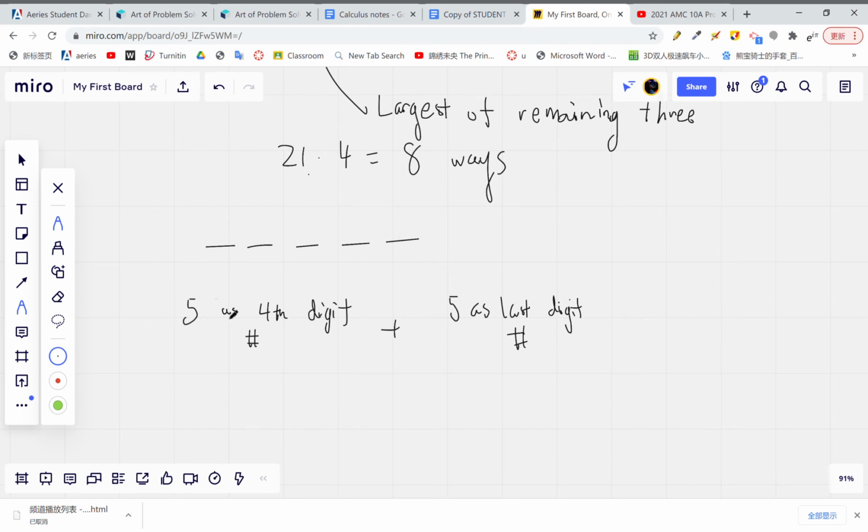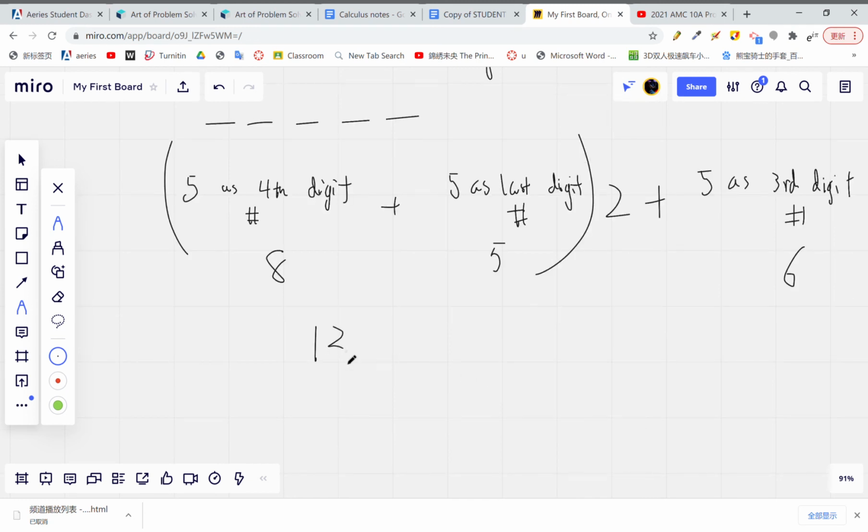We add these, and then multiply by 2, and then plus the number of rearrangements when 5 is the middle digit. We know that when 5 is the middle digit, there are 6. When 5 is the fourth digit, there will be 8. If 5 is the last digit, there will be 5. So 13 times 2 plus 6 is equal to 32 ways of rearrangement, and this is our solution. Thank you for watching.